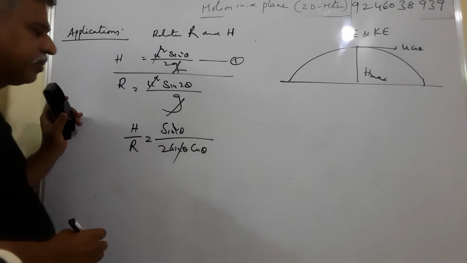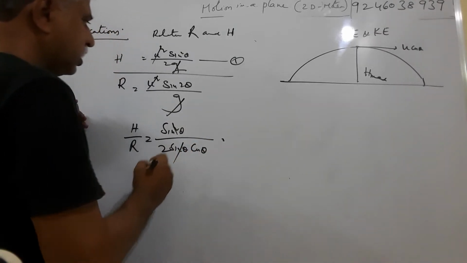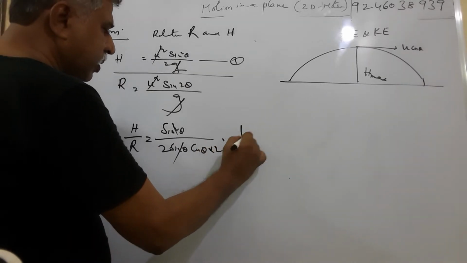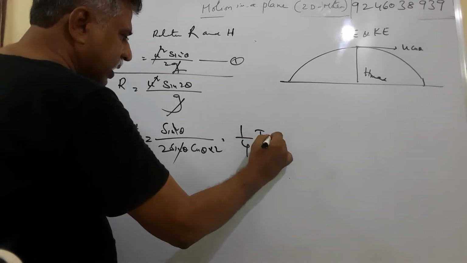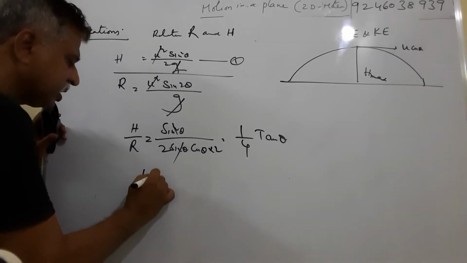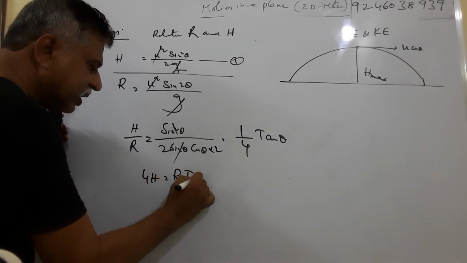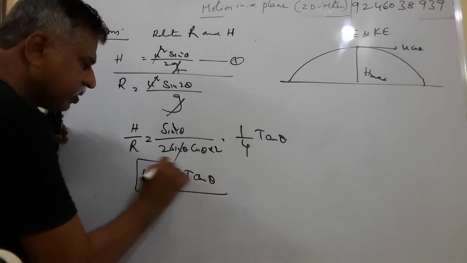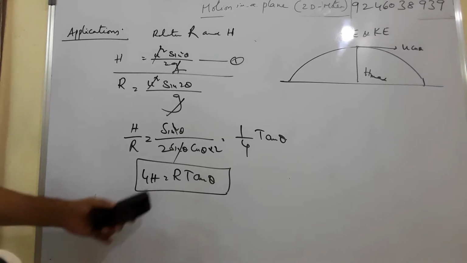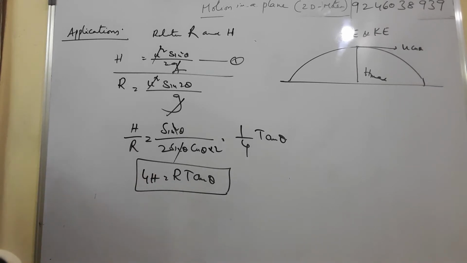Sin theta cancels. Here there is 2 also, so it is 1 by 4 tan theta. That means 4h is equal to R tan theta. That is the relation between maximum height and range.